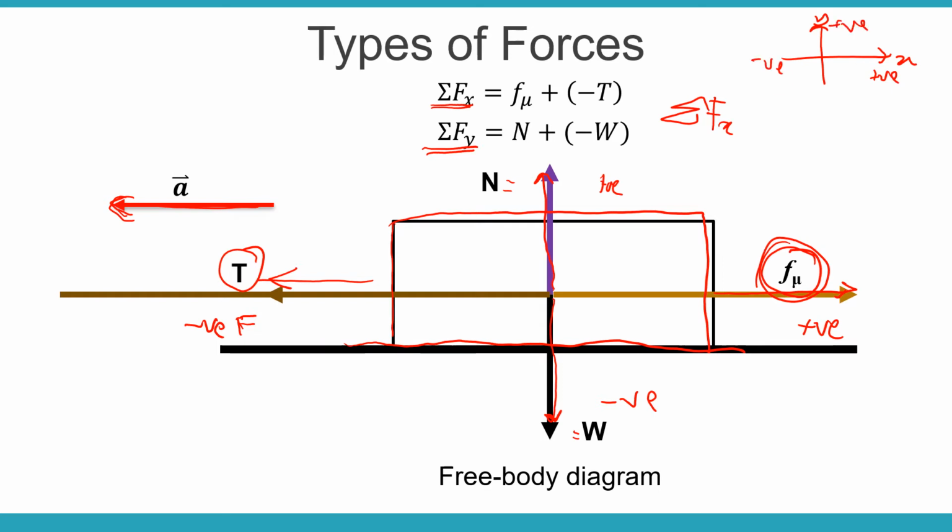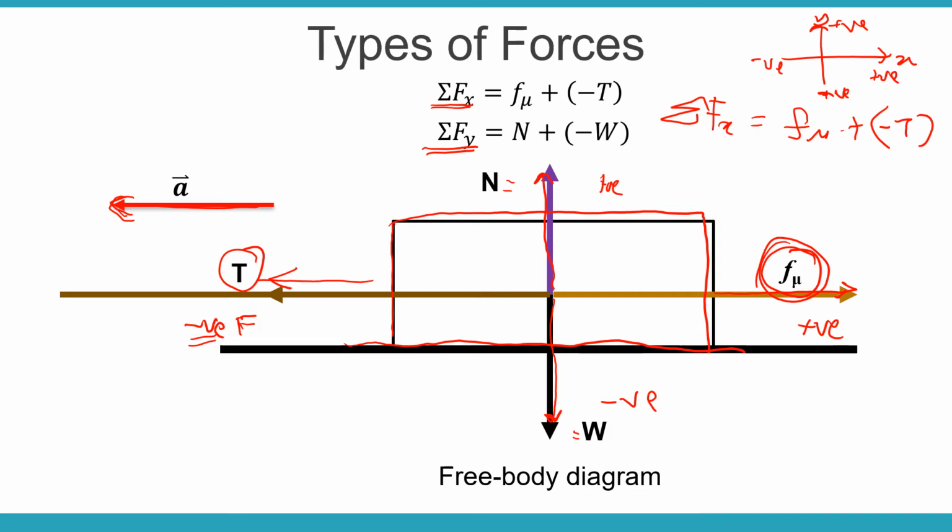Okay, so sebab tu awak kena tengok kepada direction dia, bukannya tak semestinya frictional force mesti negatif. Okay, so summation of Fx is equal to frictional force tambah T, sebab dia berada di negative side, jadi dia akan jadi negatif.